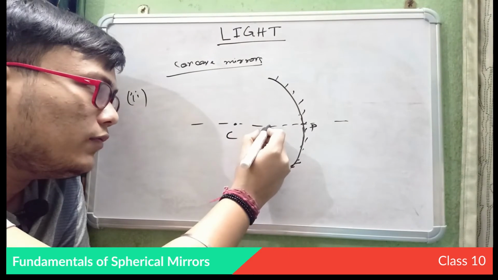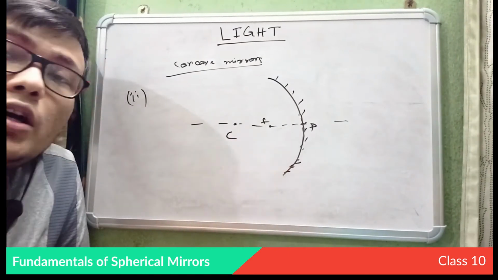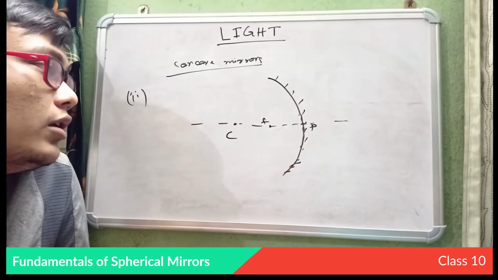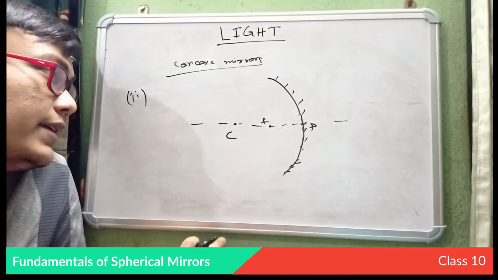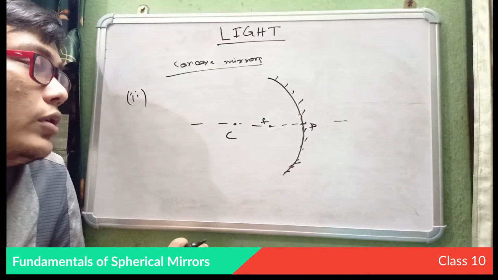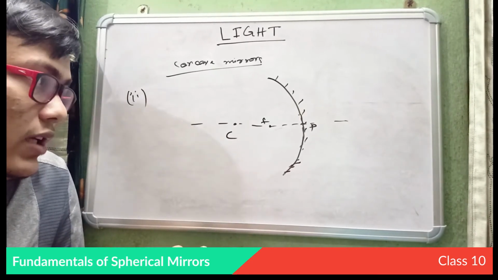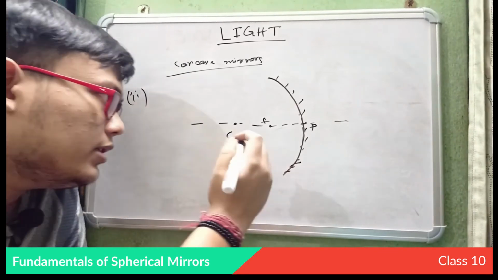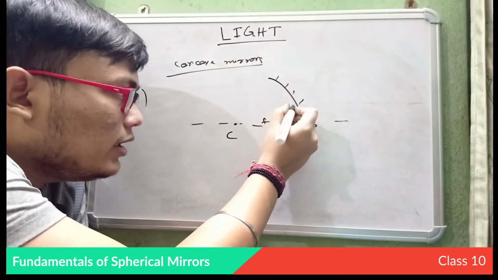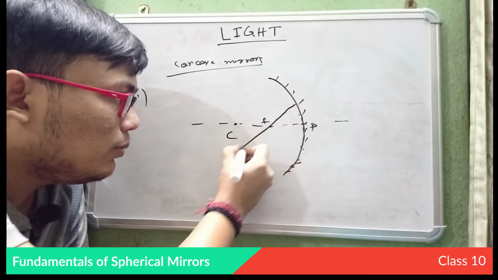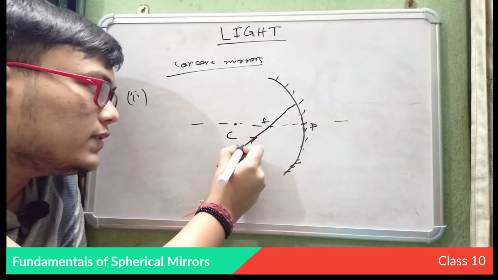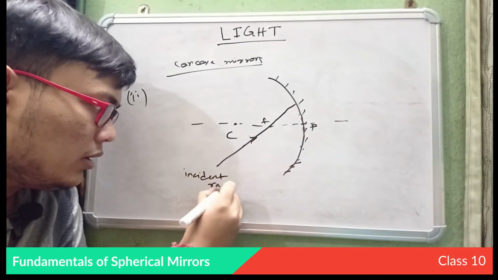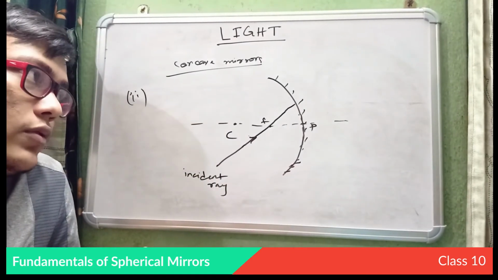Okay, this is the focus. Now if we consider the reverse of the scenario in the first condition, let's say the incident ray is not parallel to the principal axis, rather it is passing through the focus. This is the incident ray, and this is passing through the focus.